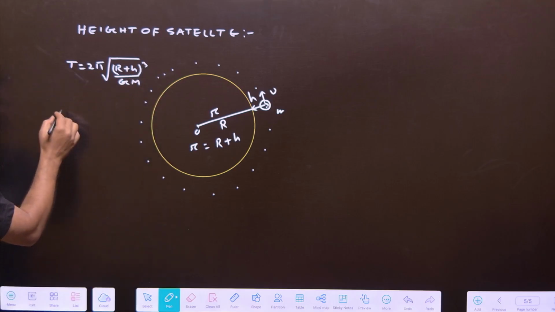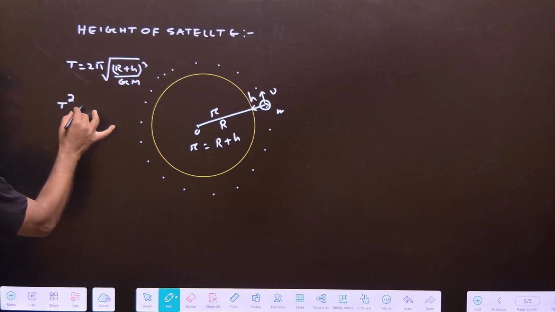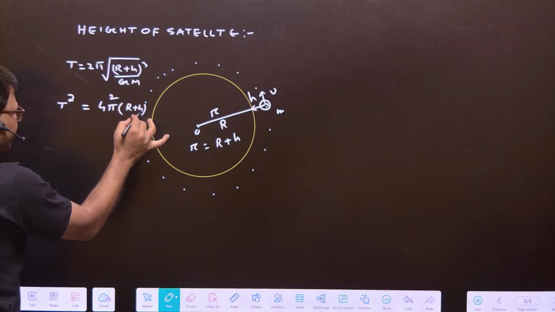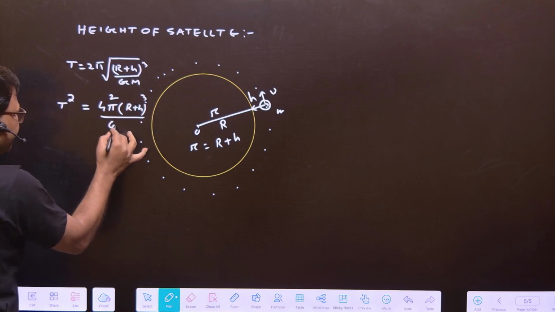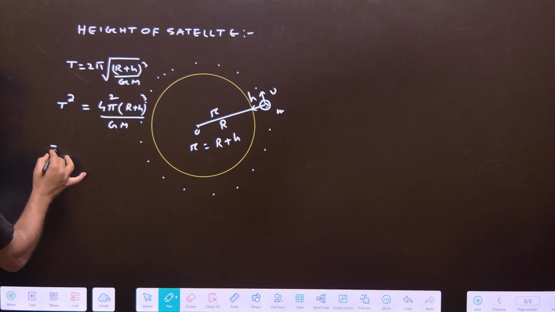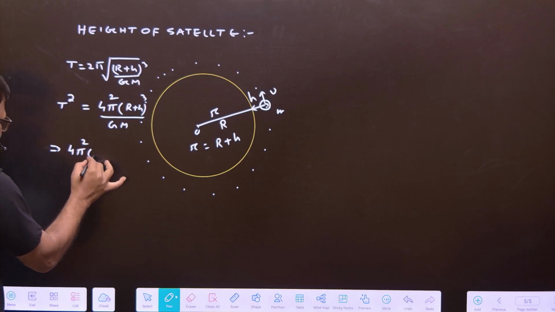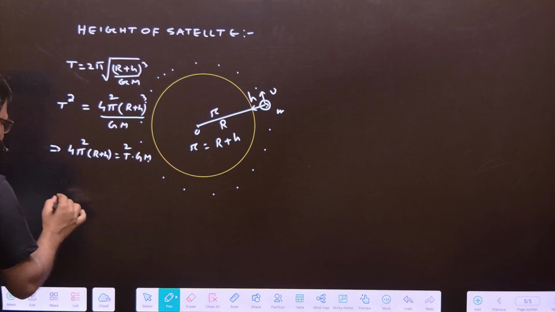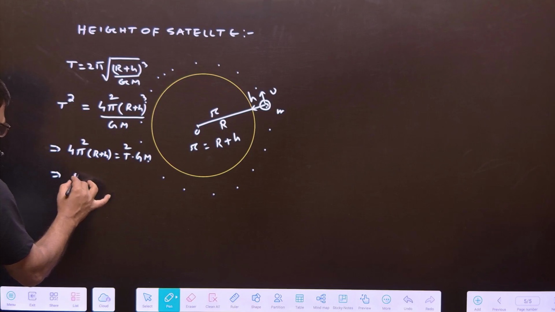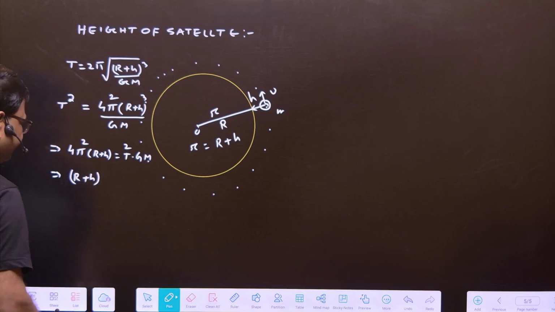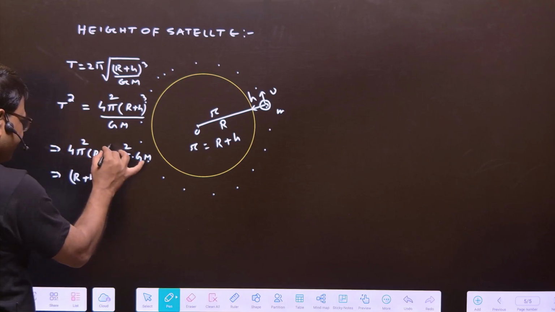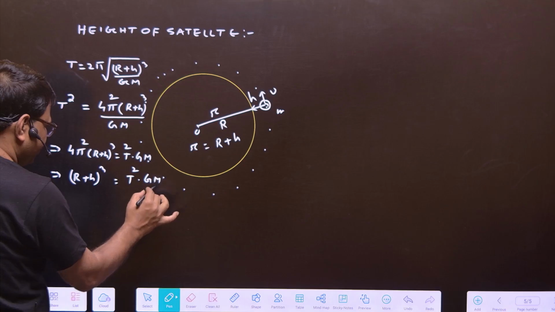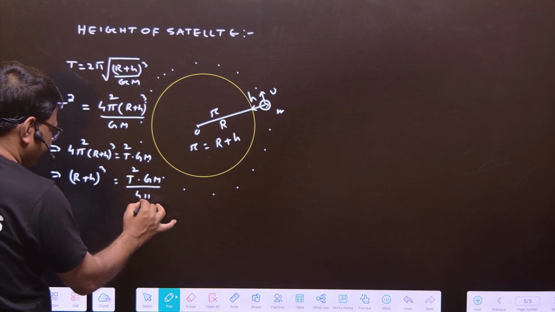So from this relation, just squaring both sides we can get T square is equal to 4 pi square into (R plus h) cube divided by G into M. From this relation, 4 pi square into (R plus h) cube is equal to T square into GM. So (R plus h) cube is equal to T square into GM divided by 4 pi square.